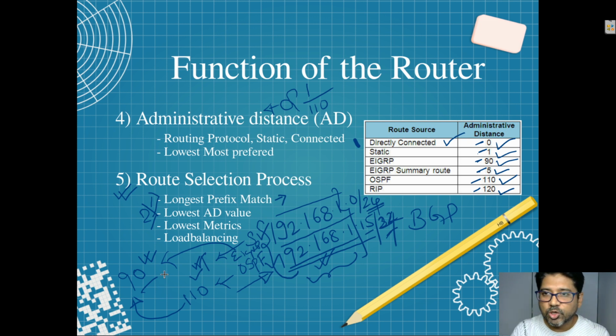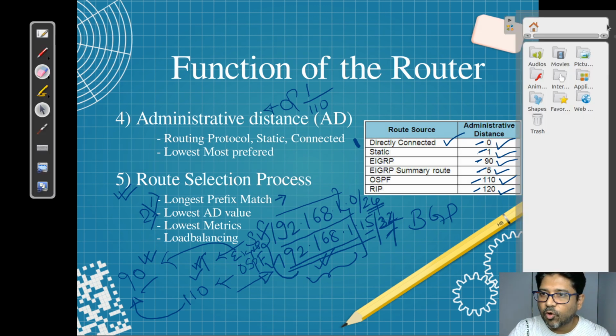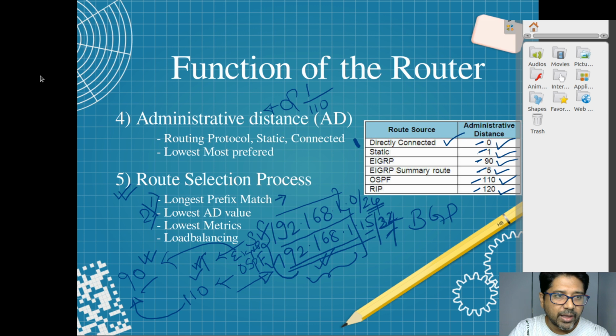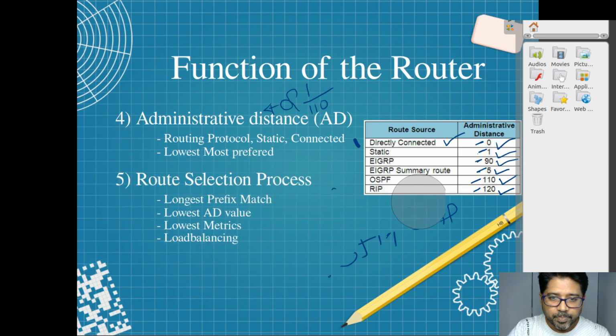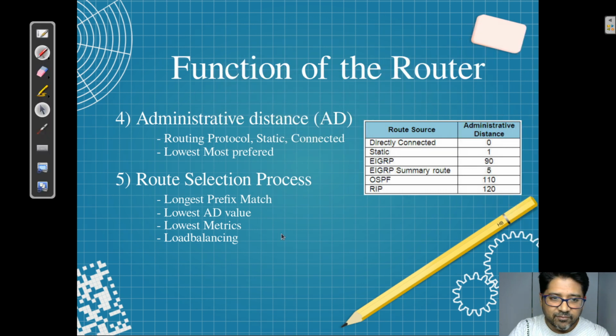Now suppose this route comes again from the same routing protocol, like OSPF, so they have the same AD value. If the AD value is a tie, then it will go for the metric.